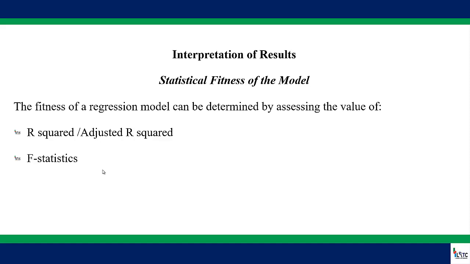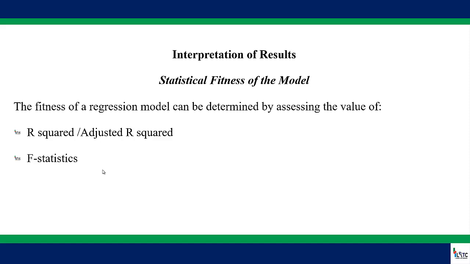For F-statistics, it tells us whether all the independent variables, that is S1 and S2, are significant in explaining the dependent variable. Take note, T-statistics shows whether an independent variable is significant in explaining the dependent variable. But F-statistics shows whether all the independent variables are significant or not.